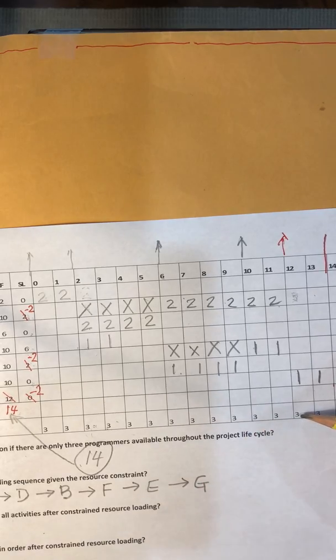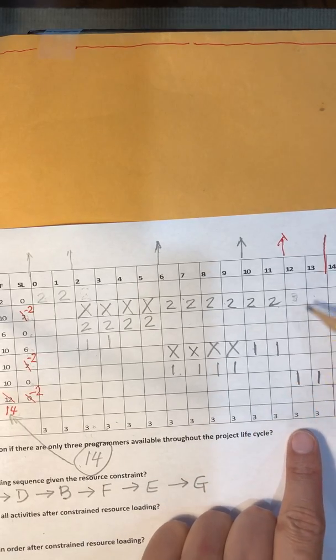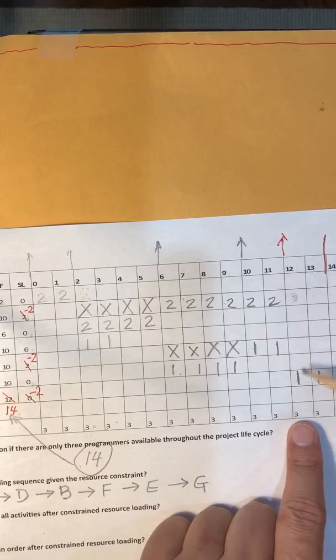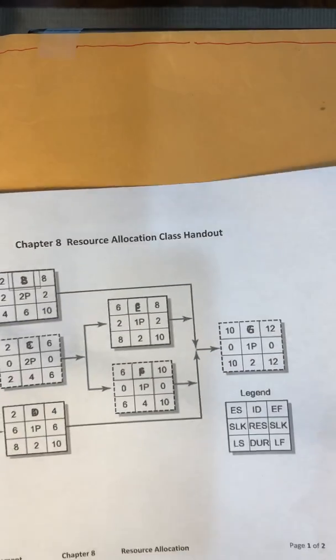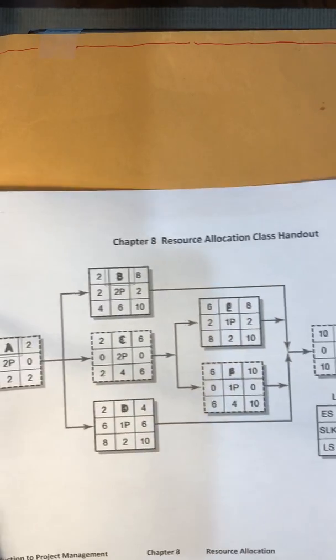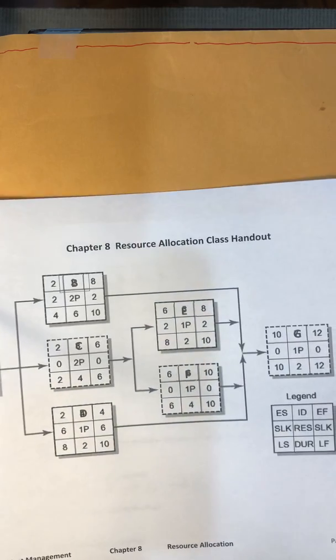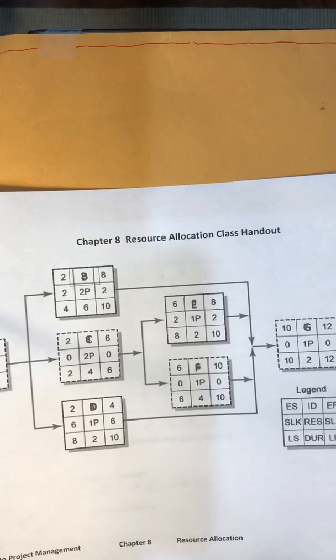But we need to ask an additional question. Hey, is B allowed to be concurrently scheduled with other activities in the next period? Here, look at the network diagram.